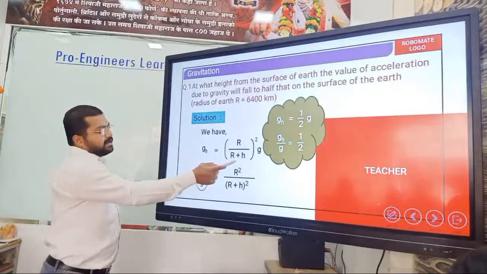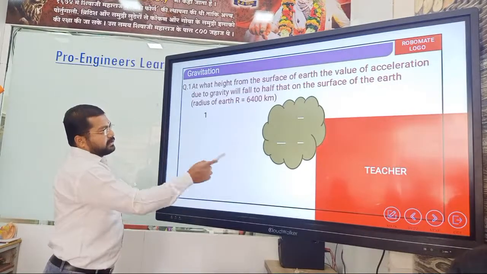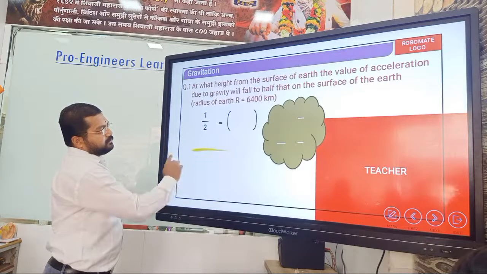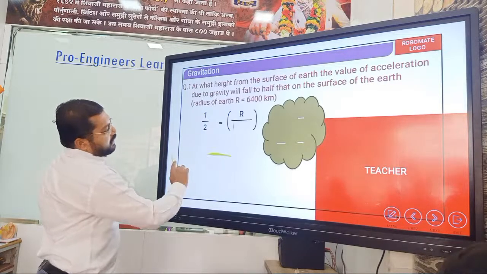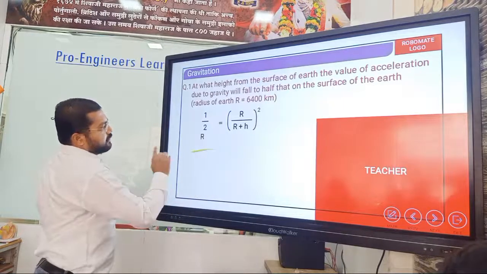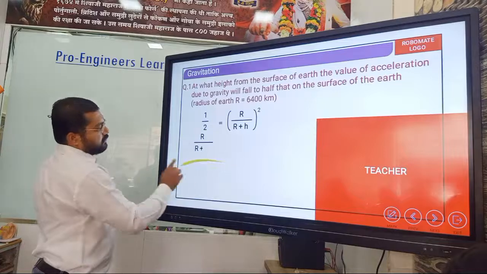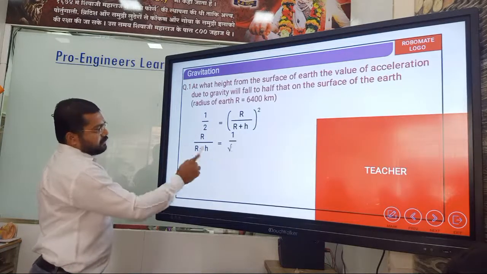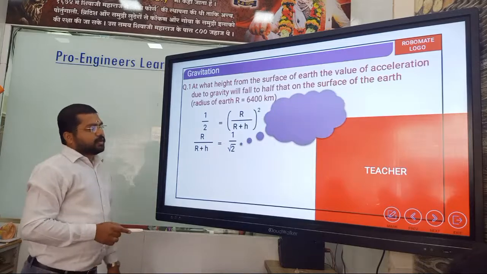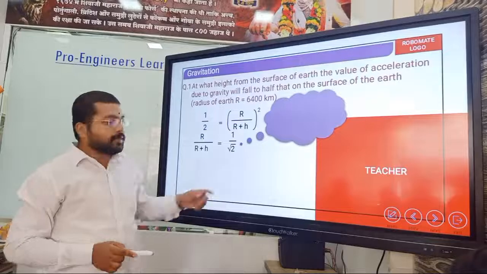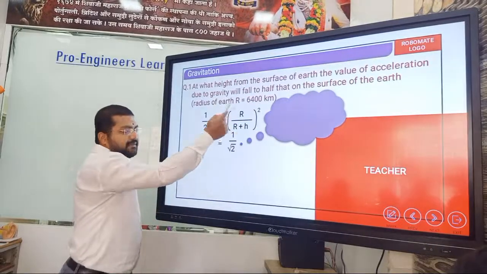So here I can write 1/2 is equal to R upon R plus h the whole square. So here why we have written root 2? Because on the right hand side we were having a square.